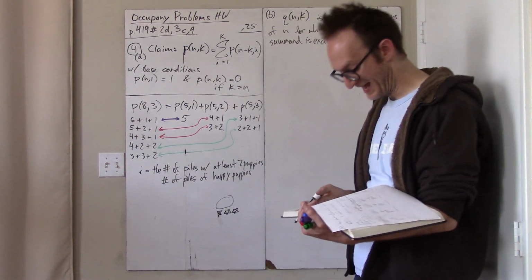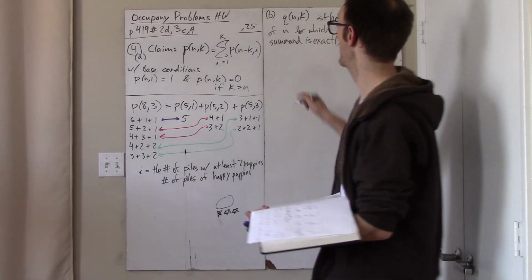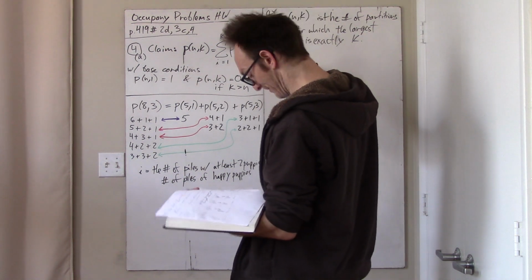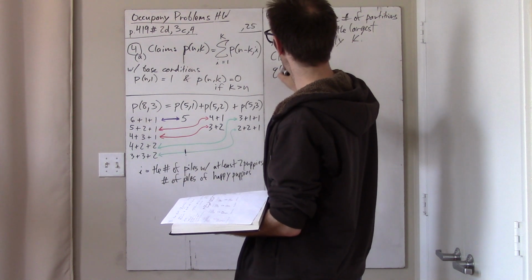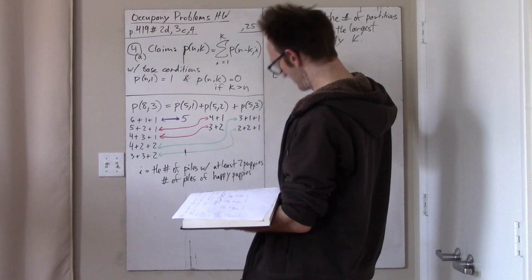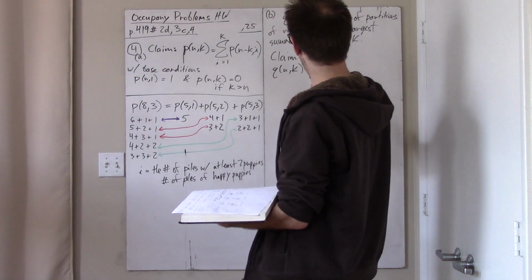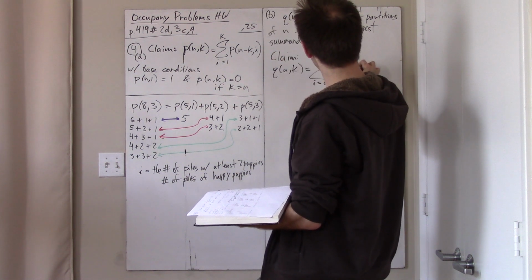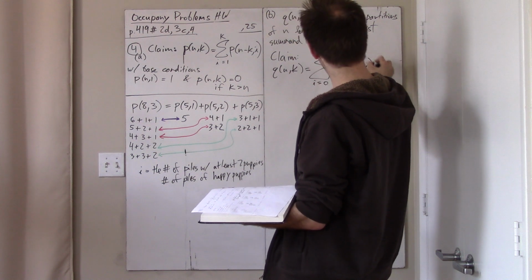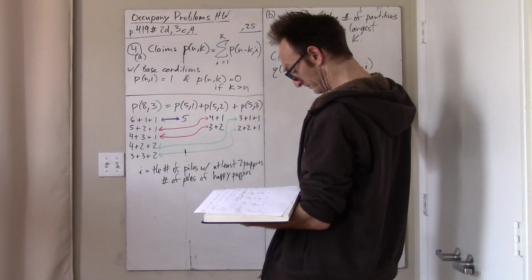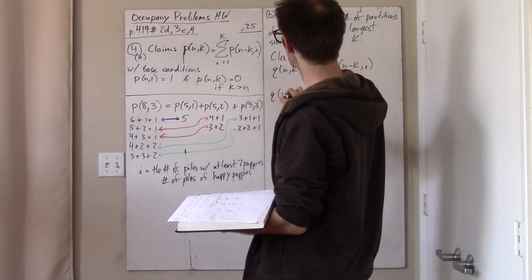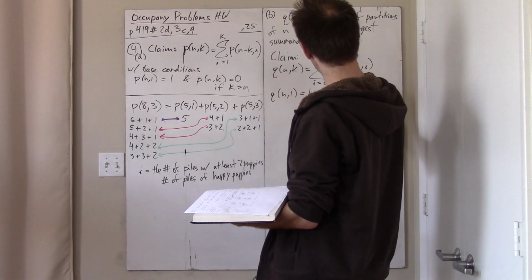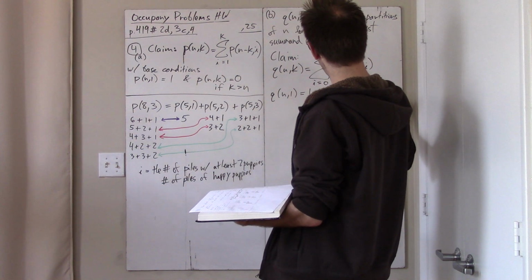Okay, and now there is a claim that is made about this Q thing, and the claim, quite shockingly, is that Q(n,k) is the sum from i equals 0 to k of Q(n minus k, i), with base conditions Q(n,1) equals 1 and that Q(n,k) equals 0 for k greater than n.